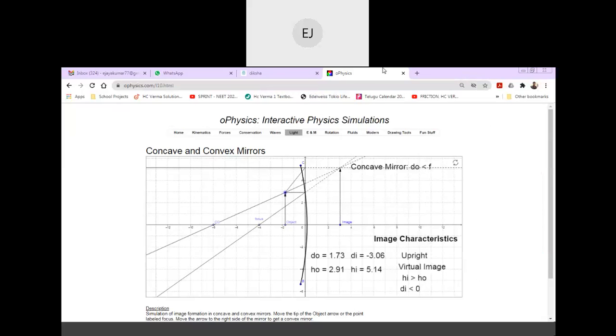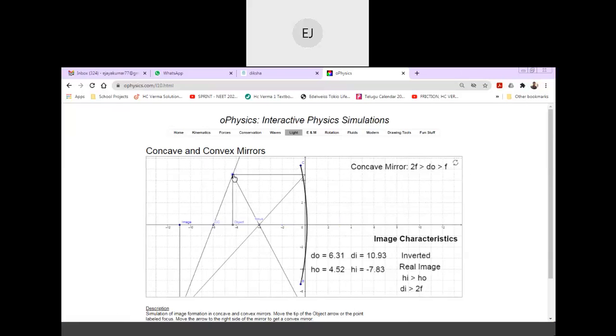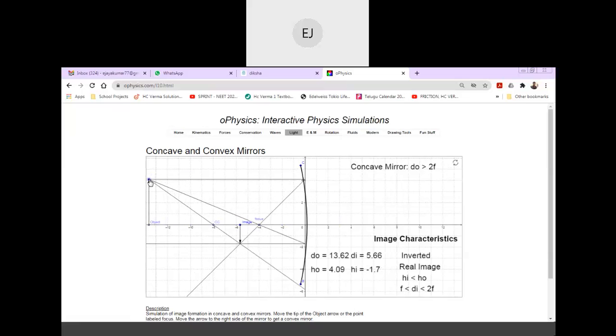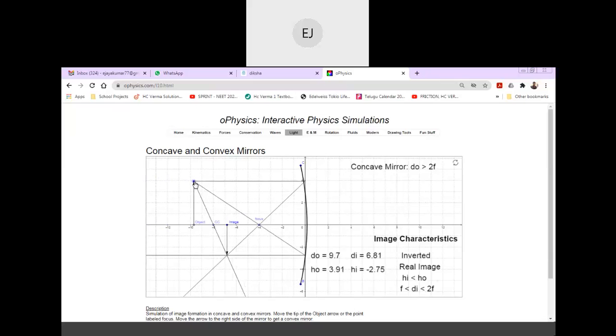So now your task is, I will share this link. Sir, you have already shared this link. I have shared the link. Okay. So the first experiment, you have to keep the object beyond the center of curvature. Number 2 experiment, at the center of curvature.